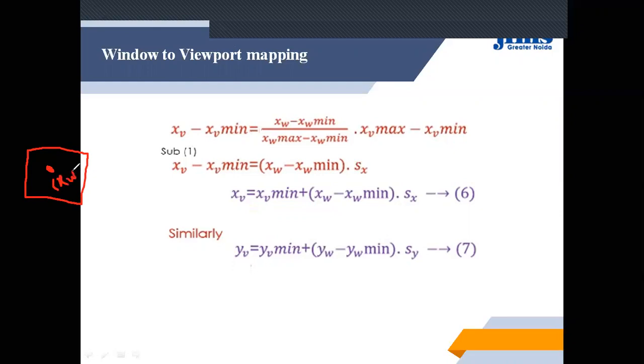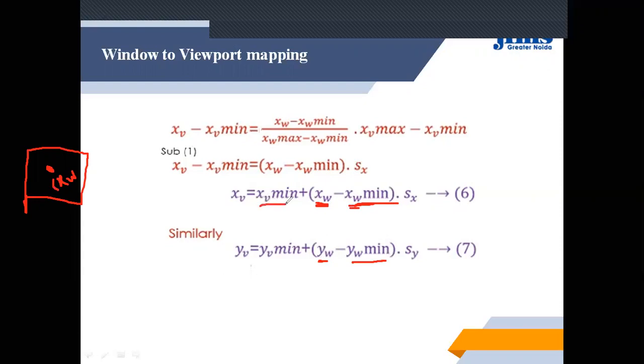XW is given to us, YW is given to us. This is XW min. So the distance of this is given to us, XW min. So we can write the value of XW min over here, YW min over here.